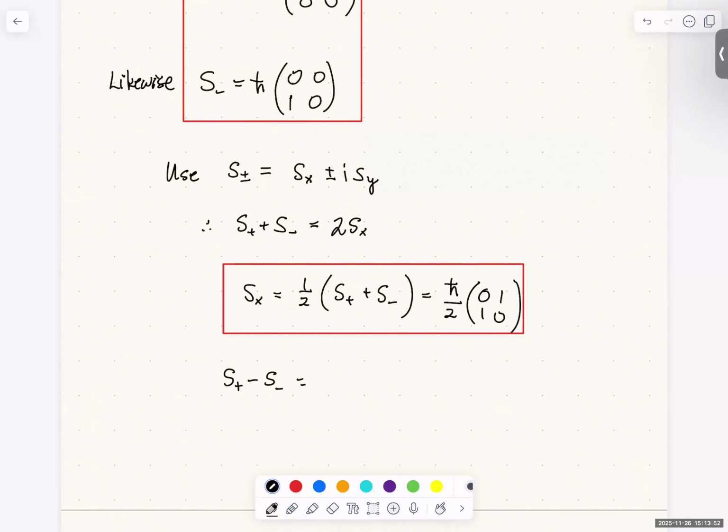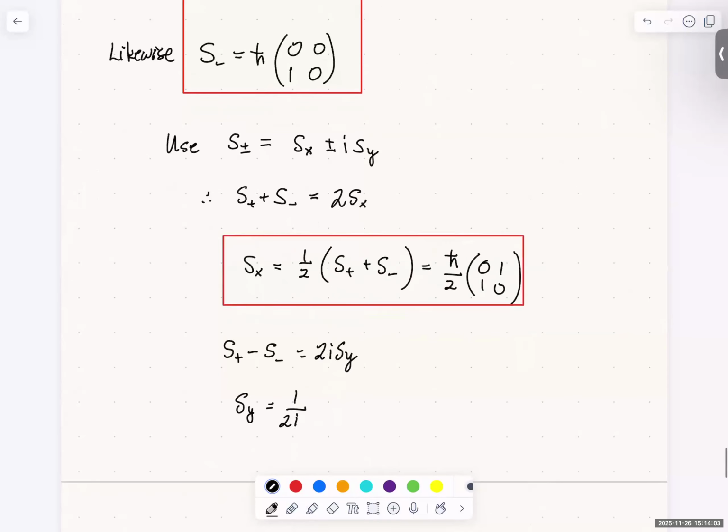So we get 2i Sy, or Sy is equal to 1 over 2i. Or in fact, maybe I'll write it as minus i over 2 times S plus minus S minus. That's equal to h bar over 2.